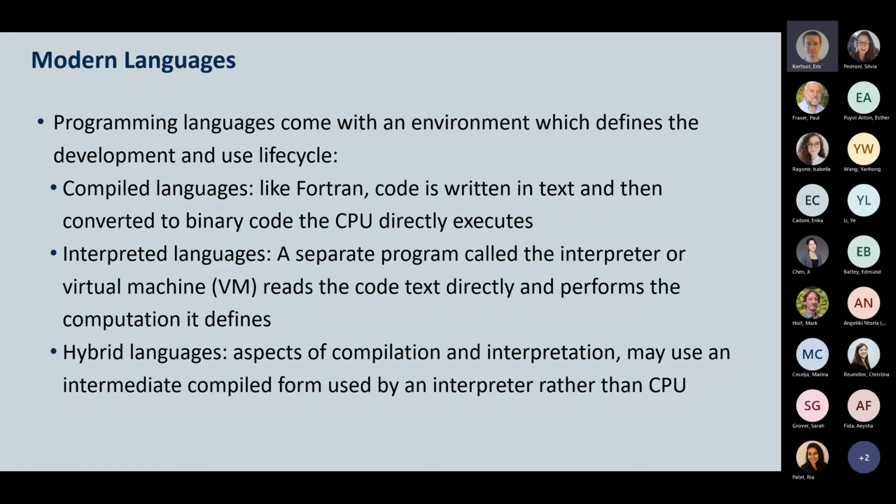So you might have some environment where the text of your program might be converted to another format that isn't quite binary, but is something a virtual machine would interpret and do things with. You might have virtual machines that read your program as text or this intermediate format and then compile it to the binary format and then allow it to be executed. So there's hybrids and there's different languages that have different environments and different combinations of these features to them.